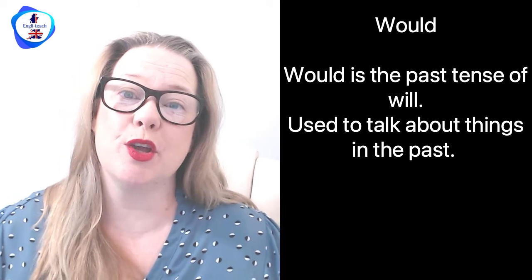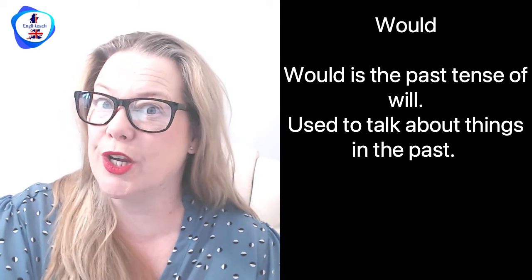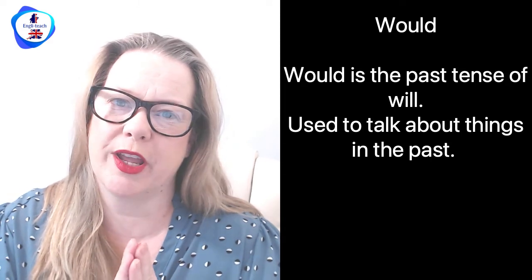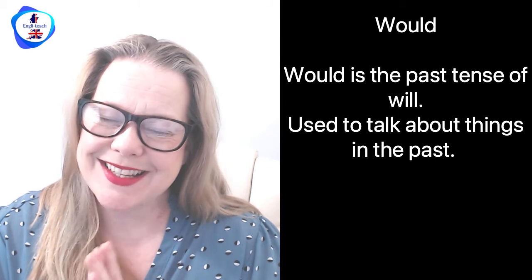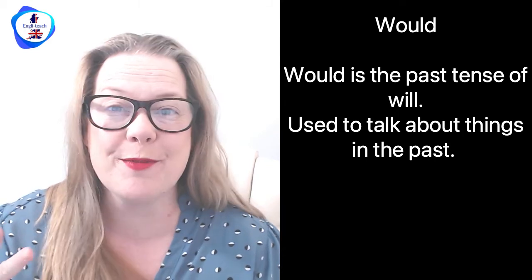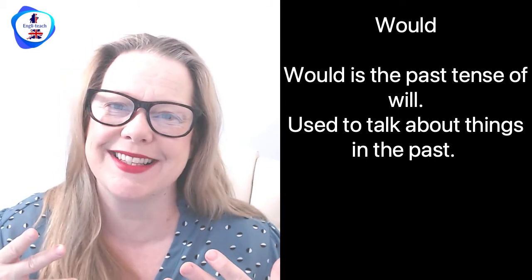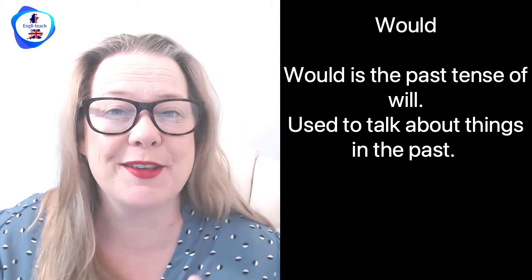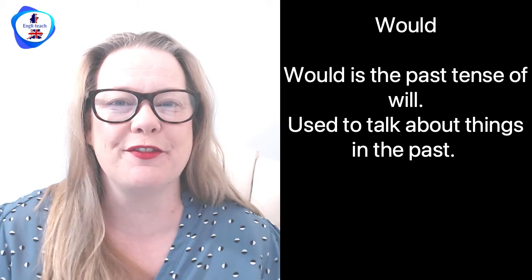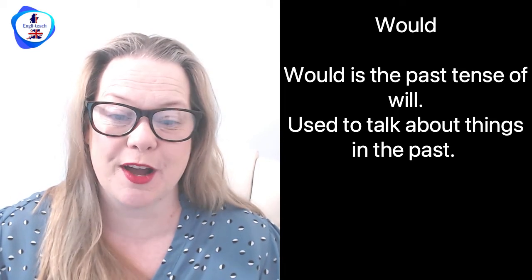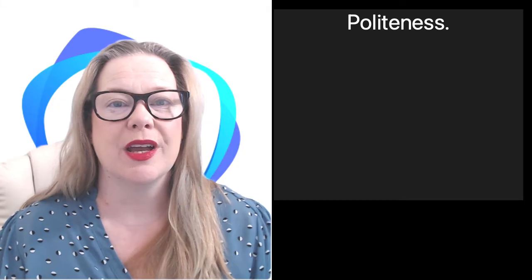So when we use the word would, we are often talking about things in the past, but depending on where the object and the verb is in the sentence, we can also use it in the present and the future. Don't be confused, I'm going to give you some examples right now.